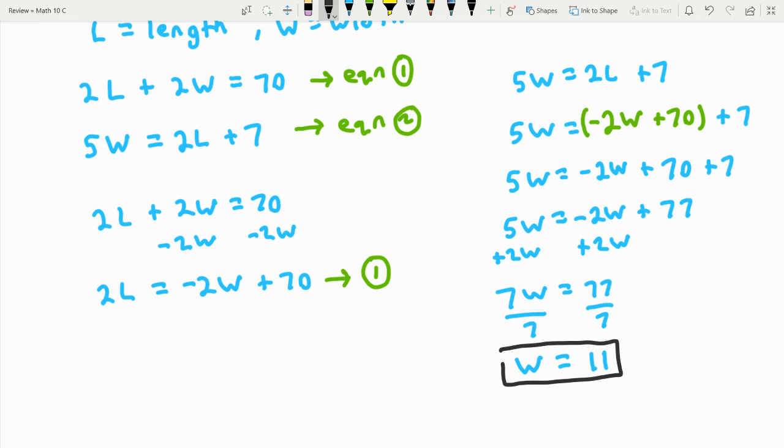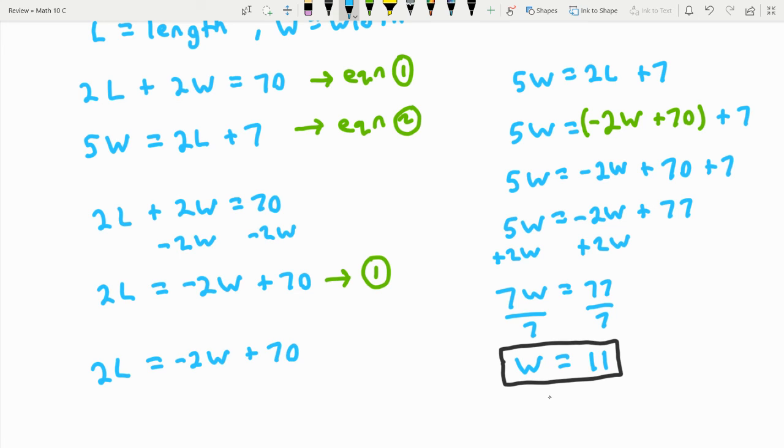Let's find my length. I can take my width and put it back into equation 1 or 2 to find my length. In this case, we'll put it back into equation 1, the one that I manipulated already. So I'll put it back into 2L equals negative 2W plus 70.